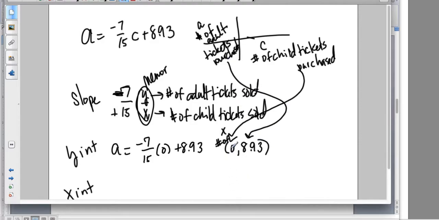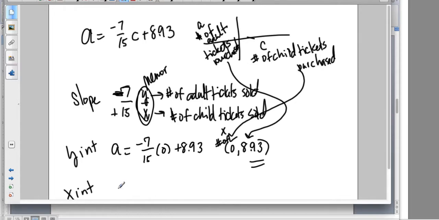So just interpret that. If you purchase 0 child tickets, you could purchase 8.93 adult tickets. Now, obviously, you can't purchase that much of a ticket, but that is what that intercept means in its literal meaning.